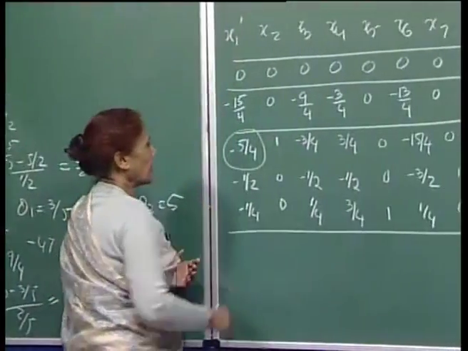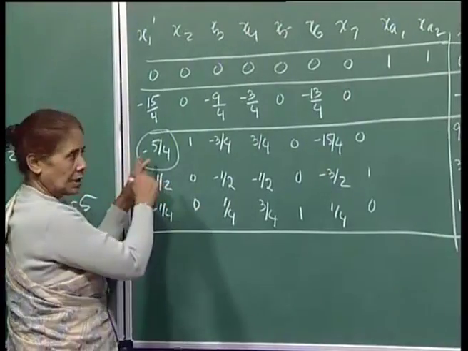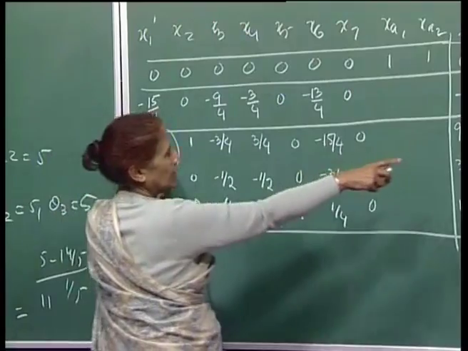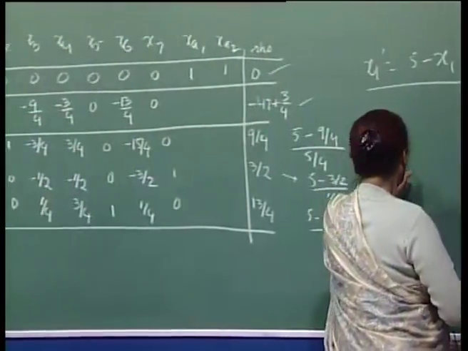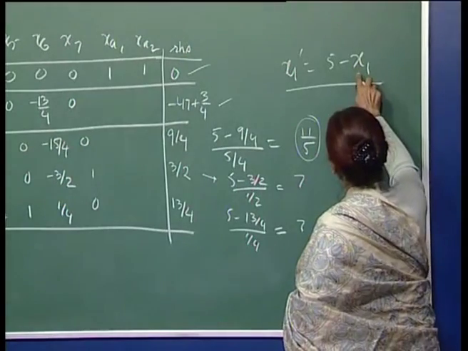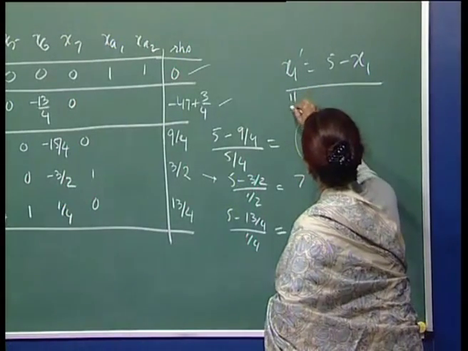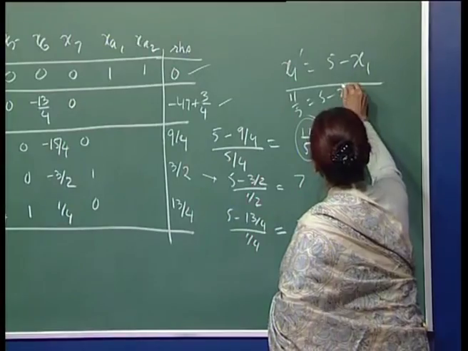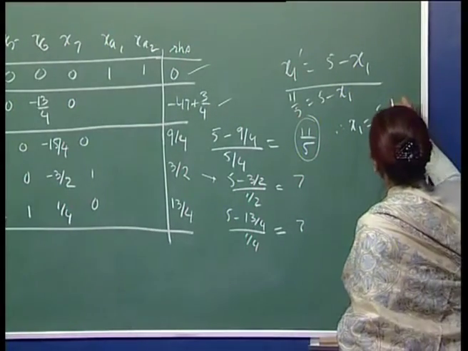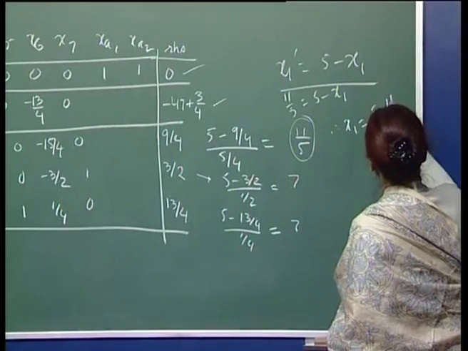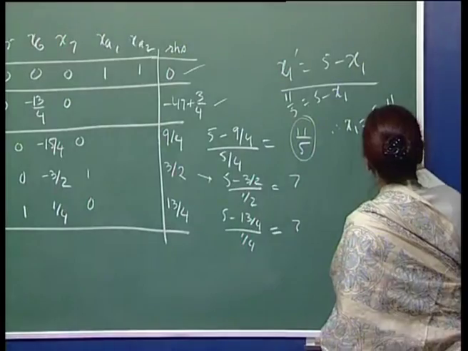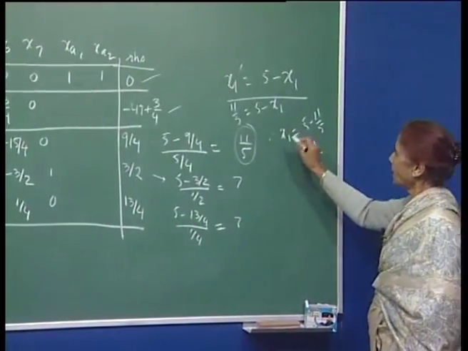Once x 1 prime becomes basic, it is not that x 1 will become 0, because the level at which x 1 prime will come into the basis is 11 by 5. So, the corresponding value of x 1 is what? If x 1 prime is 11 by 5, this is 5 minus x 1, so x 1 is 5 minus 11 by 5, which is 25 minus 11, which is 14 by 5. So, this is the current value of x 1.